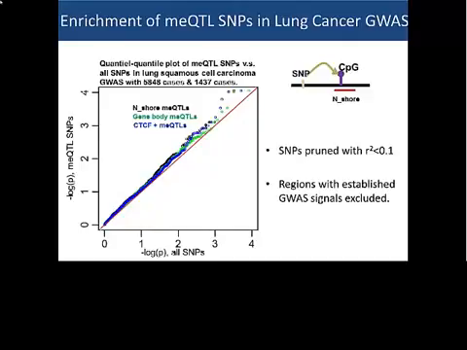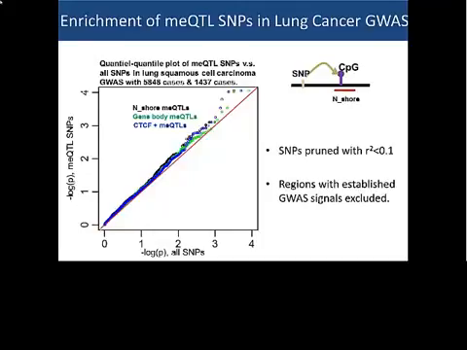In this case, we can reduce the complexity of the correlation. And second, because our goal is to investigate the potential for unknown genomic regions, we have excluded the regions with established GWAS signals.